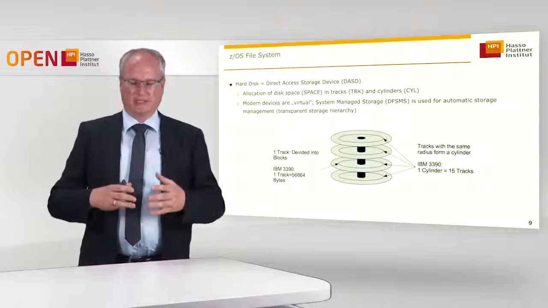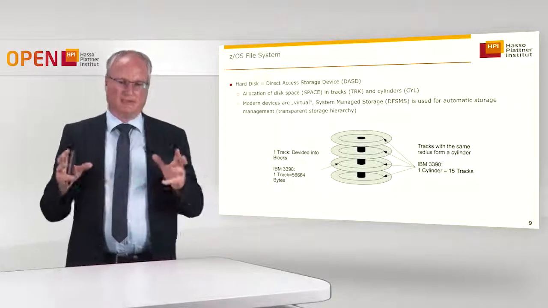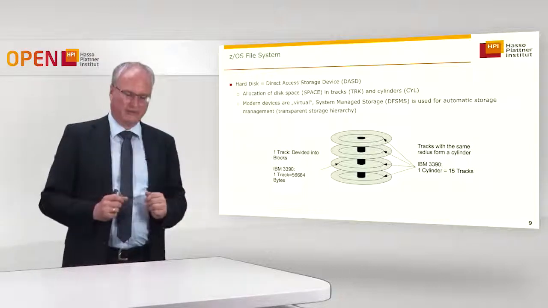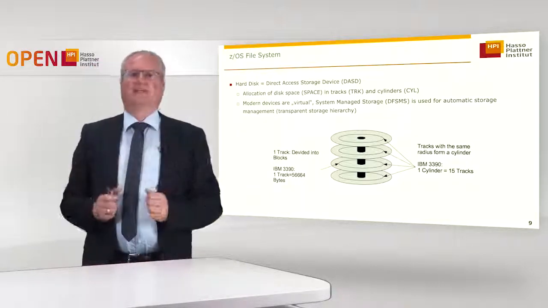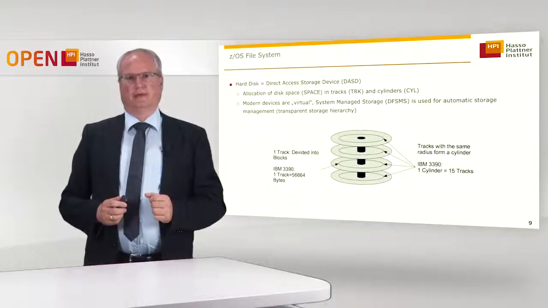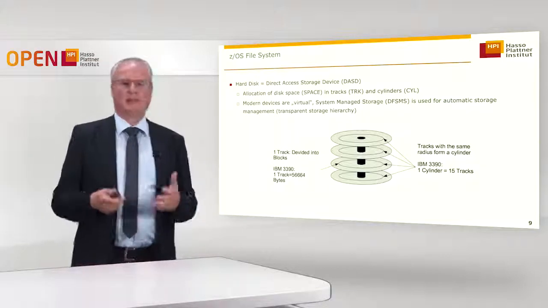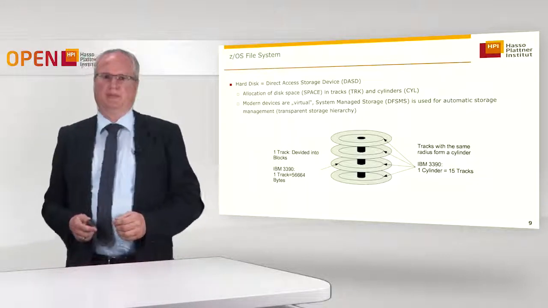And of course all these cylinders and space settings are sort of virtual. There is no real 3390 disk anymore, but they are still used to specify the number of bytes. Of course, alternatively, we could use kilobytes, megabytes, gigabytes as well.